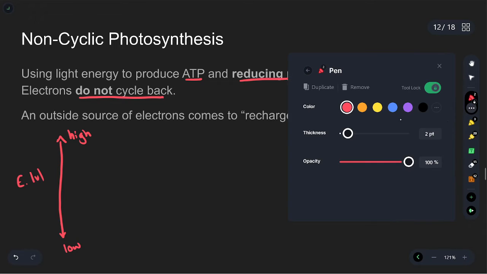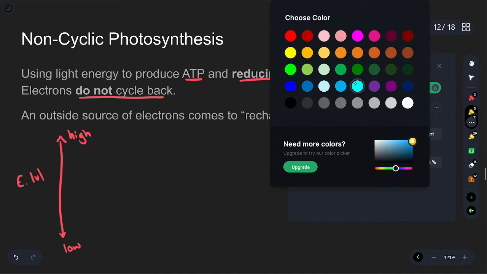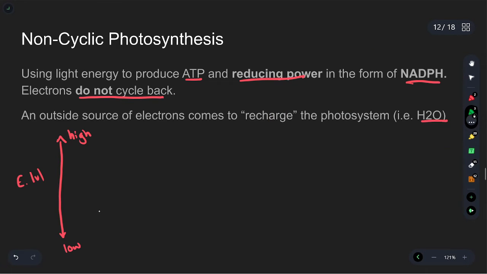I'm going to redraw the photosystems a little differently. I'm going to use the colors right now. PS2, PS1, using all the colors I need now so I don't have to come get them later. This is our light.